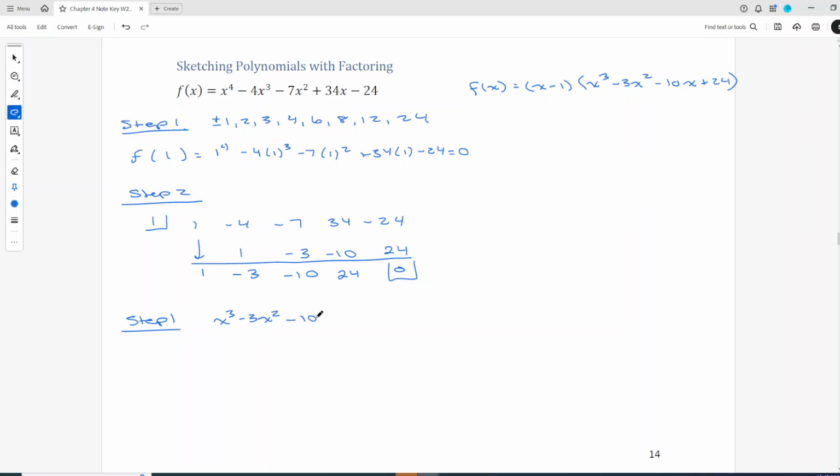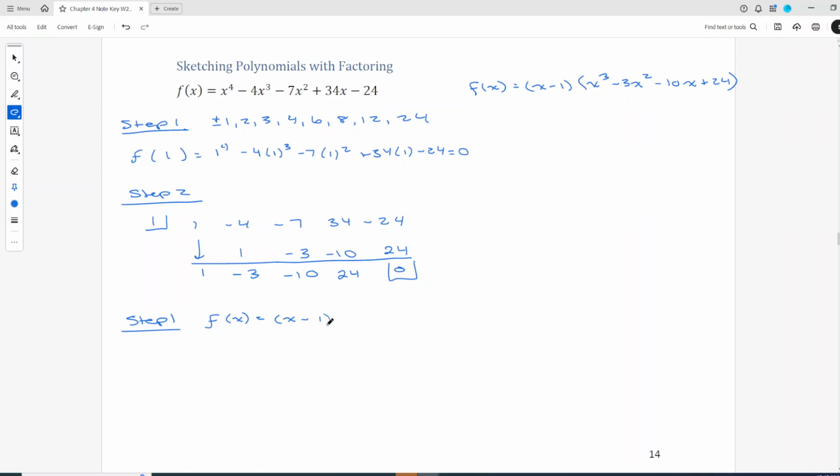Sorry, I was just having a brain fart. I was thinking, maybe I should write this; maybe this should be part of the process, because then you could kind of see it breaking down as you go. So in the first 2 steps, we took our quartic function down to a cubic function times a linear function.